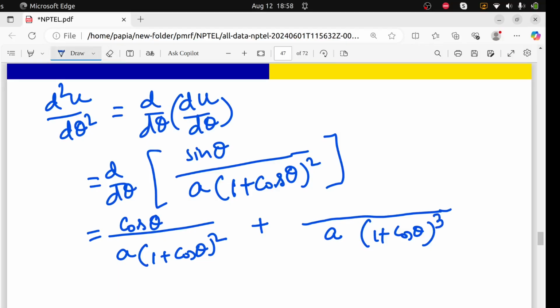You can do the mathematics and get the answer for this.